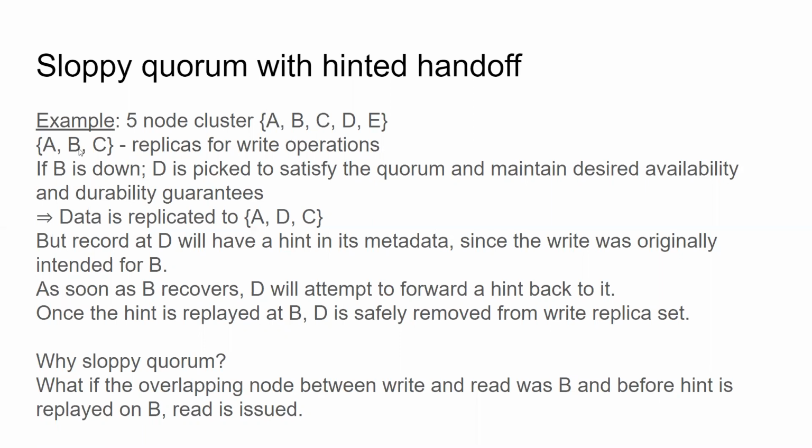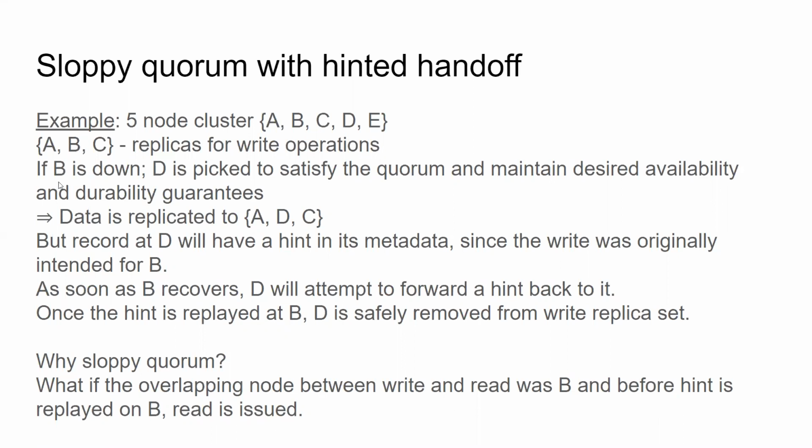When one of your nodes in the replica set goes down, you have 2 choices. You can respond to the client saying that my write quorum is not satisfied and I'm not going to process the write request. The other way is that I'm not going to deny the write request. Since I have other nodes in my cluster, I'm going to use them for the time being and process the write. This is the approach that I'm talking about.